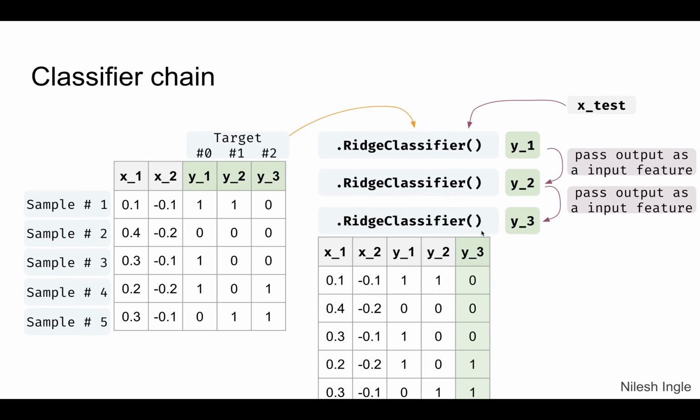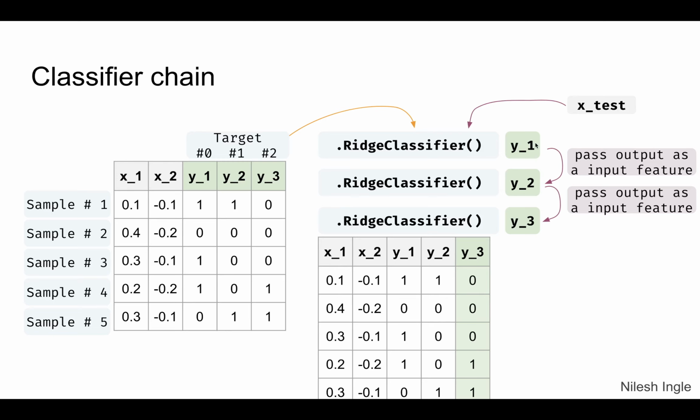Similarly, when you go to the third model, you have these four as the input features, and y3 is the target. Now, if we have test data for which we are trying to predict the output targets, we wouldn't have the true labels y1, y2, and y3.